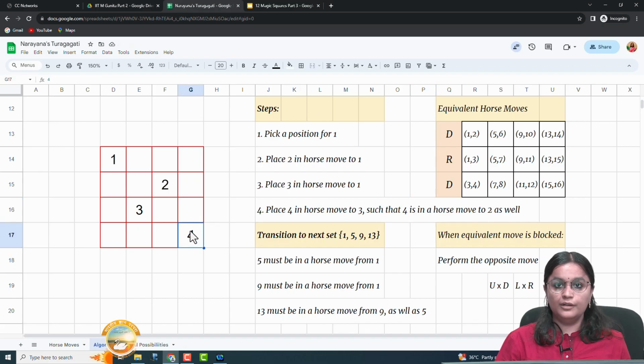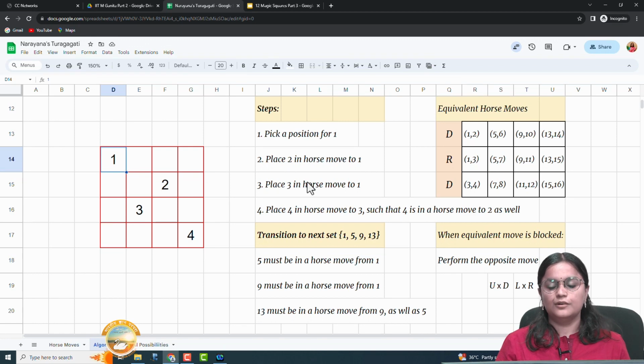Now moving on to the second set, which is 5, 6, 7 and 8. We see that 5 and 6 must be in a down horse move, same as 1 and 2. As we transition to our next set, we look at the rule which tells us that 5 must be in a horse move from 1.